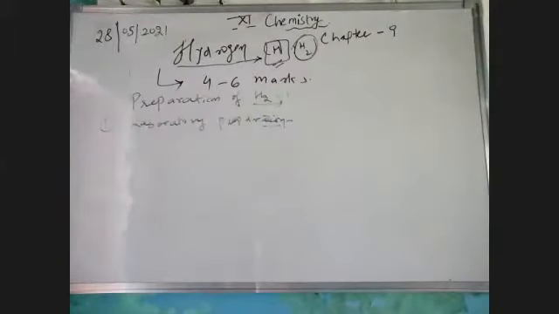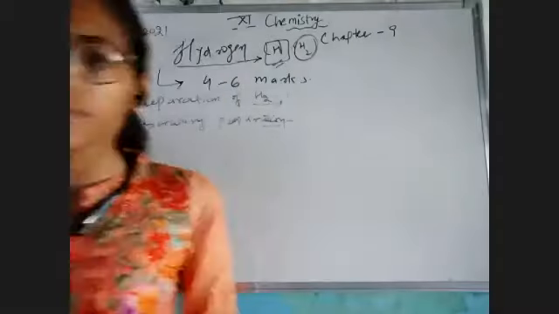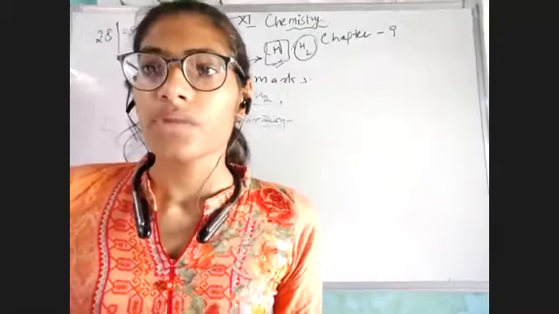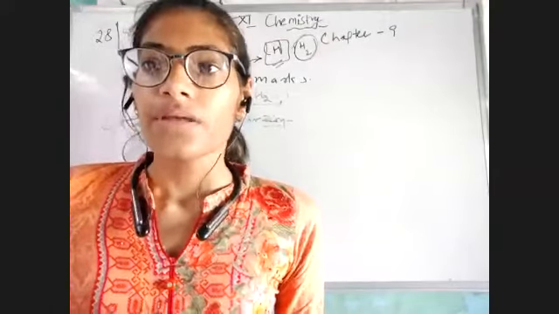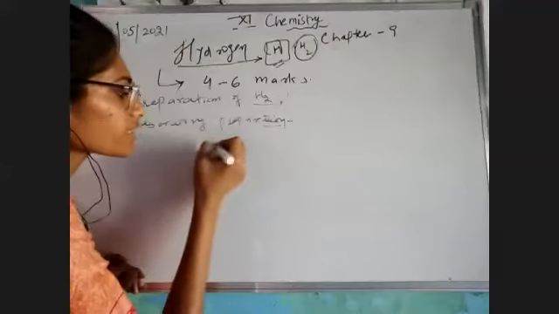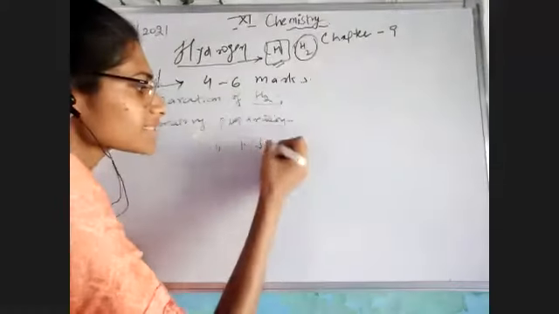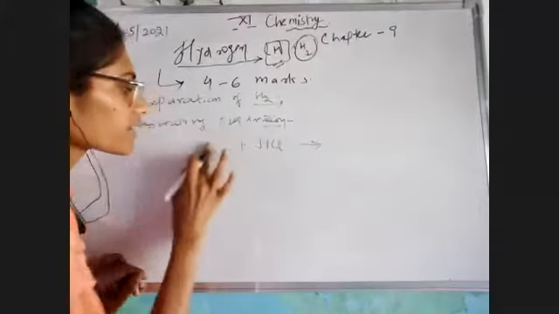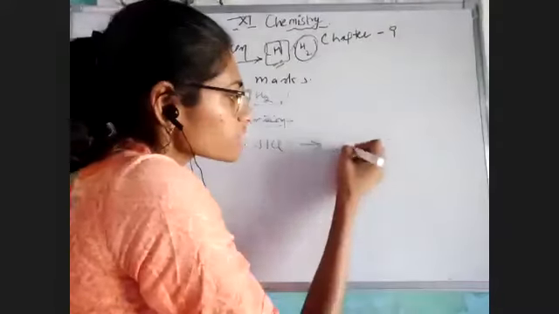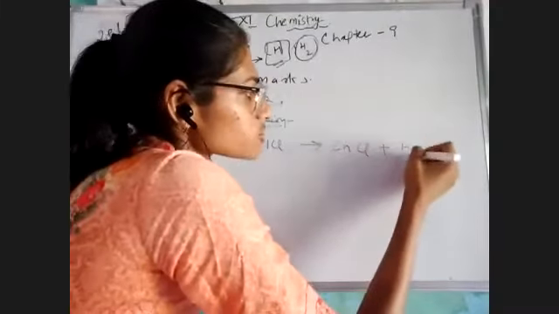So the very first equation for the laboratory preparation is the reaction of a metal with an acid. You have studied this in your 10th class also, in chapter 3, metals and non-metals. If I'm talking about any kind of metal, like zinc plus HCl, zinc reacts with the acid and converts into zinc chloride plus H2.